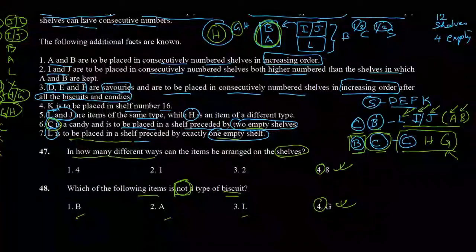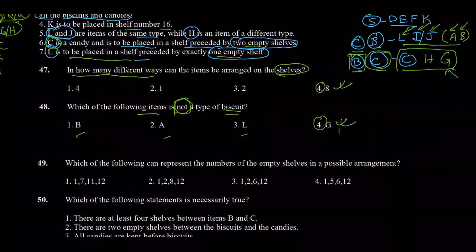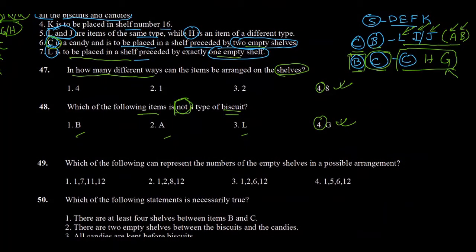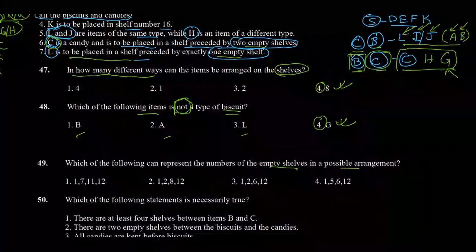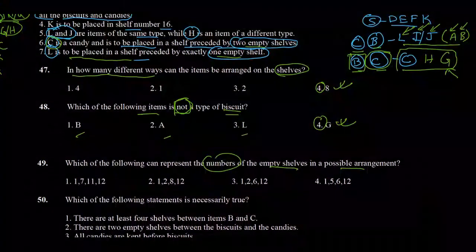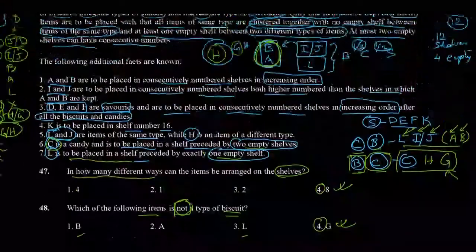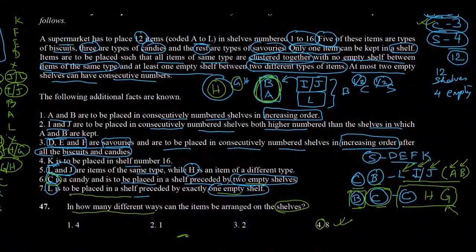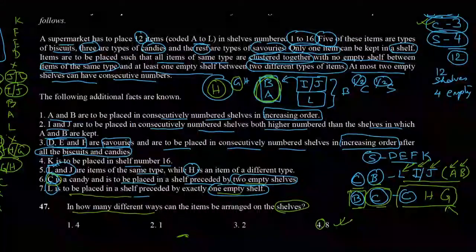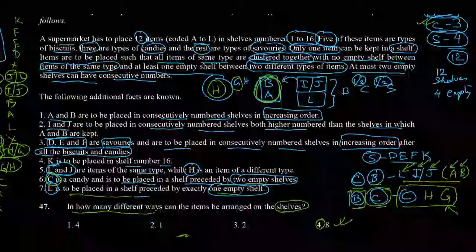So let's move to the next question, which says, which of the following can represent the number of empty shelves in a possible arrangement? So there are two arrangements, and we have to check the numbers of the empty shelves. So let's check that out. So in the first case, we have 1, 2, I'm sorry, 2 is not there in the first case.